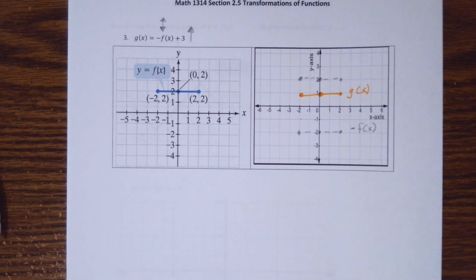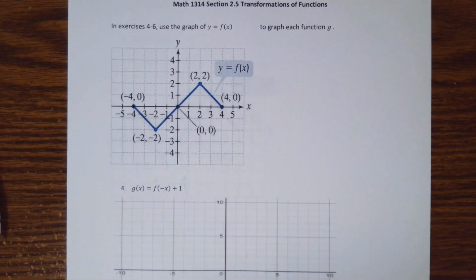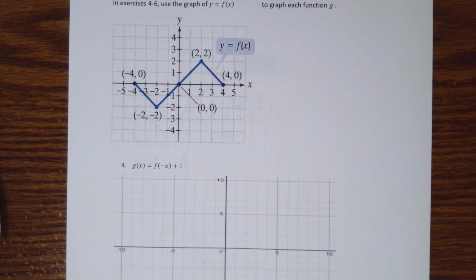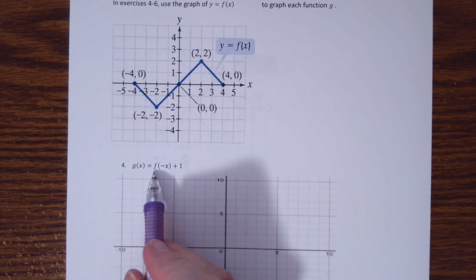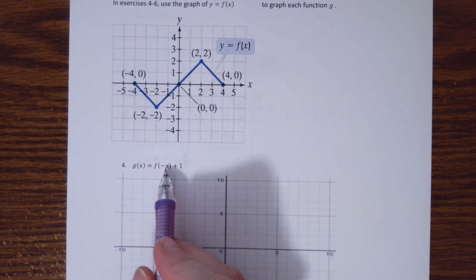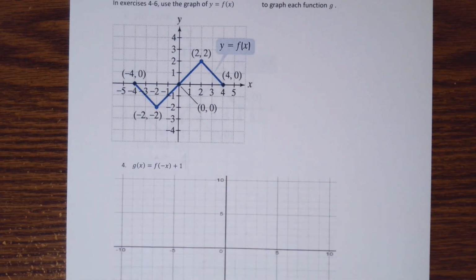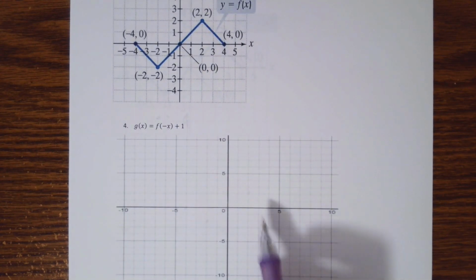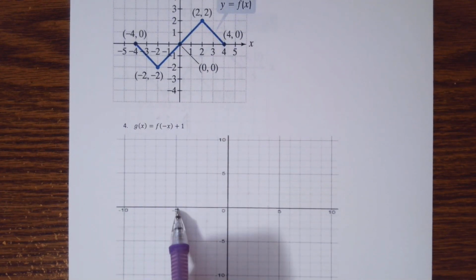All right, moving on to number 4. So we're changing our function to look like this. The first thing we're going to do is, this is our g of x is equal to f of negative x. So this is telling us to take the opposite of x's. So if we have positive x's, it's going to become negative x's.